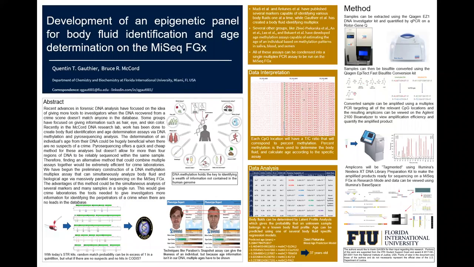However, the Pyro Sequencing platform, although quick and cheap, doesn't really allow for more than about 4 regions of DNA to be reliably sequenced within the same sample, just for various physical limitations on the instrumentation and the amount of DNA that you're going to get from the whole process.